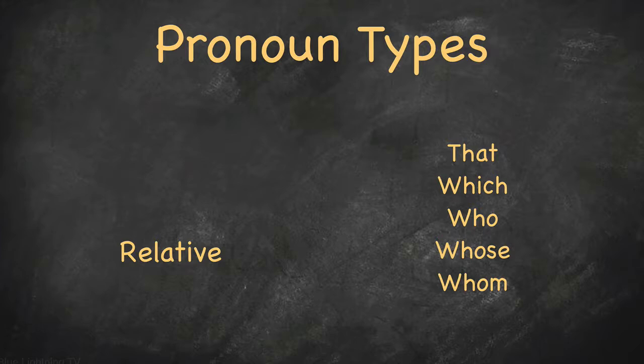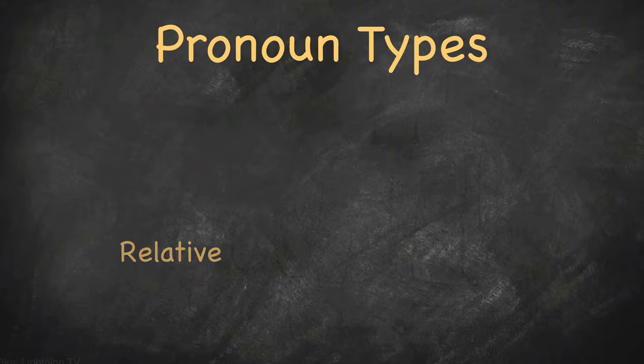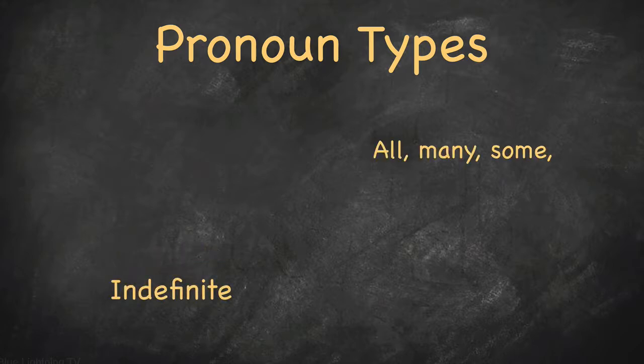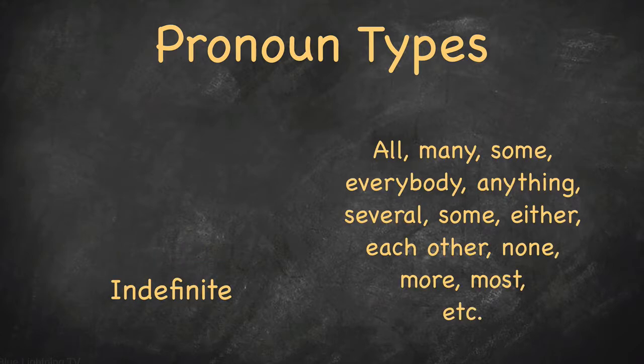With little practice, they are easy to spot in sentences. And finally, the indefinite pronouns are all the words that stand in for unknown antecedents. Words like somebody, many, and most stand in for some person, thing, or amount that we don't know. So we have to use these indefinite pronouns to talk about them.